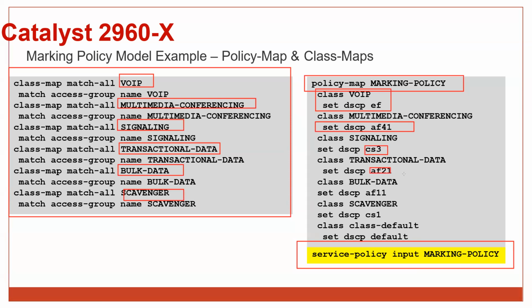Then for transaction, assured forwarding 21, bulk data assured forwarding 11, the scavenger CS1, and then default that is 0. Like that, we are doing the configuration. This is a very easy example related to classification and marking related to QoS.